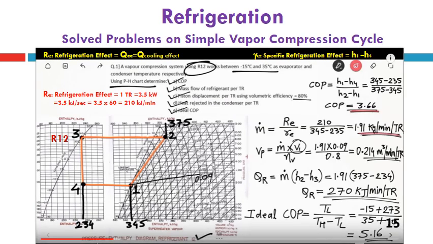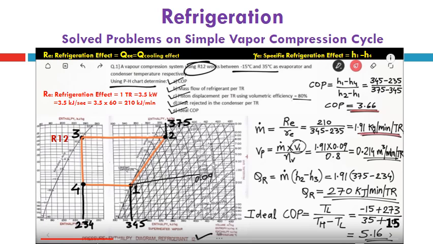In this slide, we can find the steps of the solution after presenting the cycle on the pH diagram, using the evaporating temperature and the condensing temperature to get the corresponding evaporating pressure and condensing pressure, and presenting the two pressure lines.